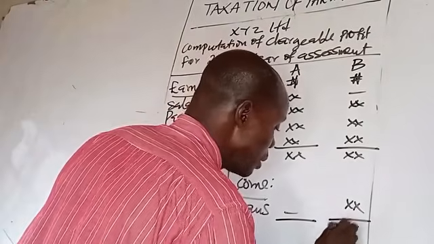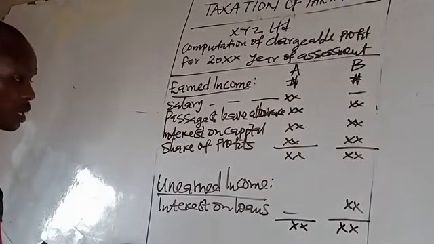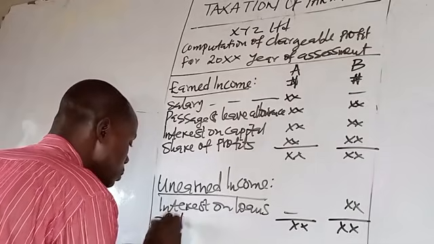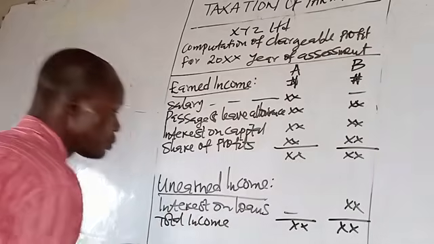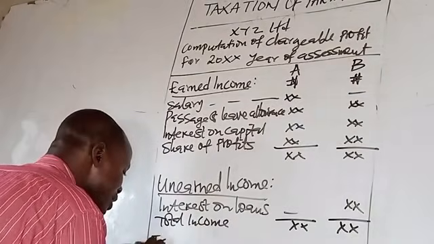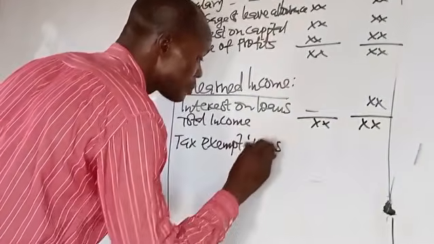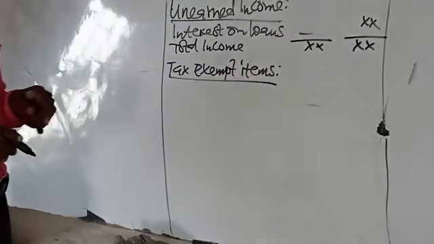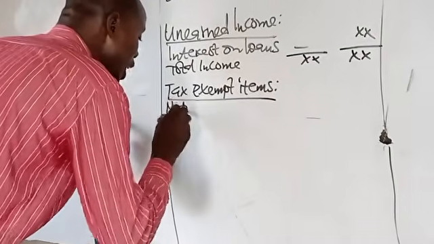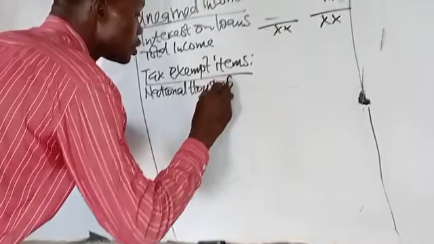So, when you add this and this, you arrive at the total income. Then, after this total income, you deduct the tax exempt items. Tax exempt items include National Housing Fund contribution.